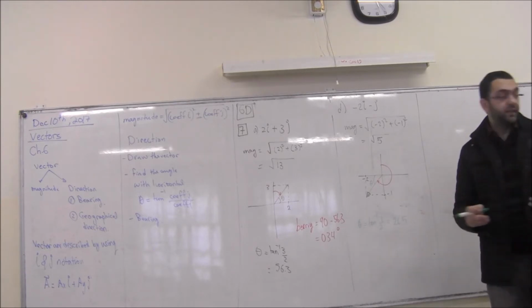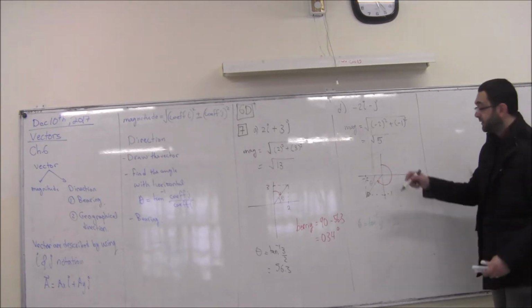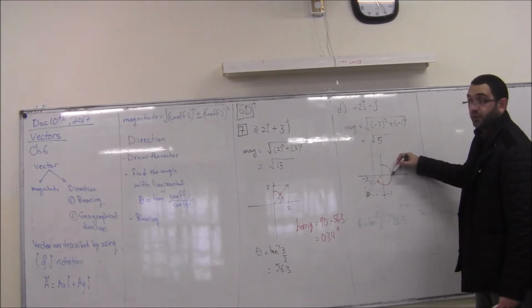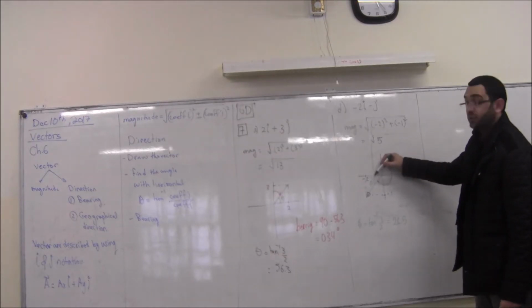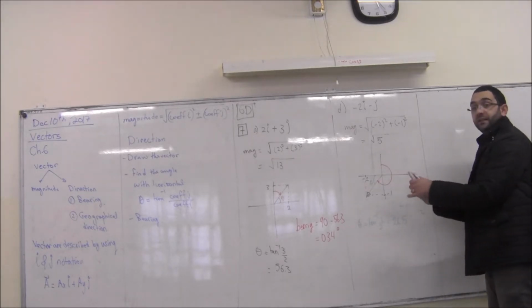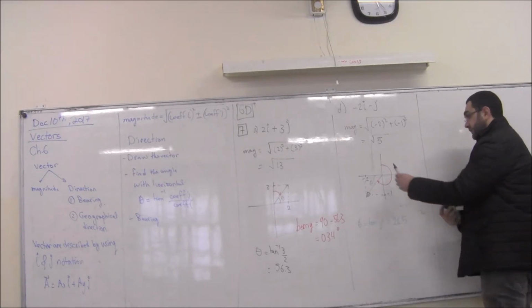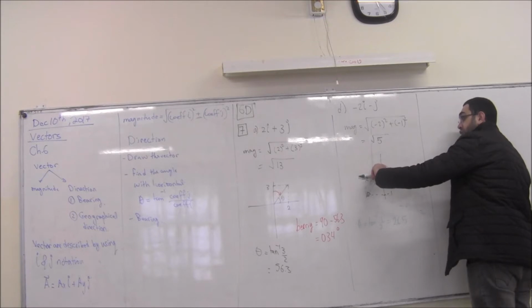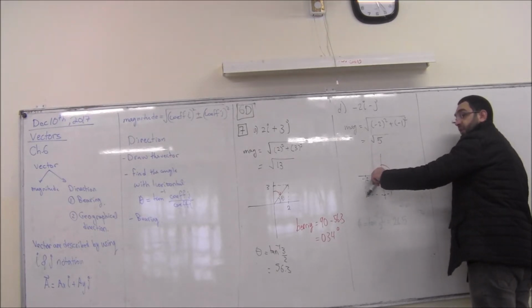Okay, and for the bearing, pay attention girls. Up to here, 90, 180, 270 minus theta, right? Again, it's an important point. 90, 180, 270. 270 minus theta, I will get the desired vector, right?